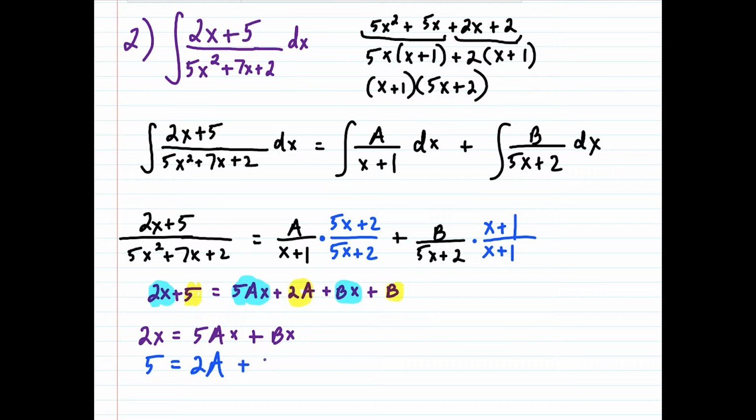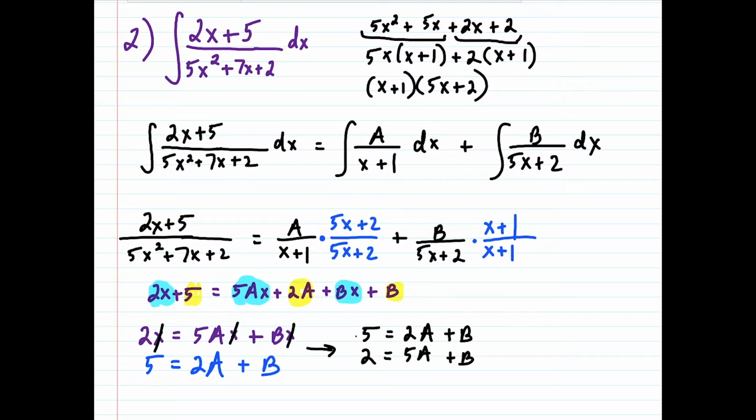2a plus b. But if we look at the equation on top, all three of these terms have a common x. So if we divide everything by x, the x's could cancel out, and we'll be left with the following system. And I'm just going to write it a little bit differently. I'm going to write the bottom equation on top. We have 5 equals 2a plus b, and on the bottom we have 2 equals 5a plus b.